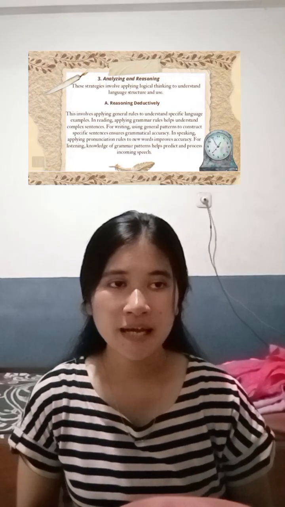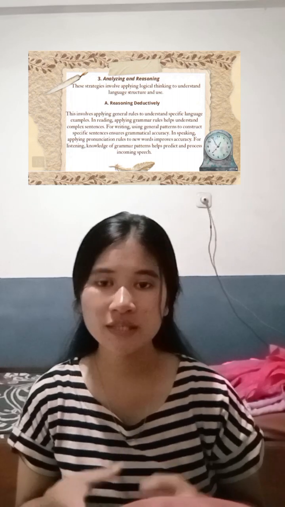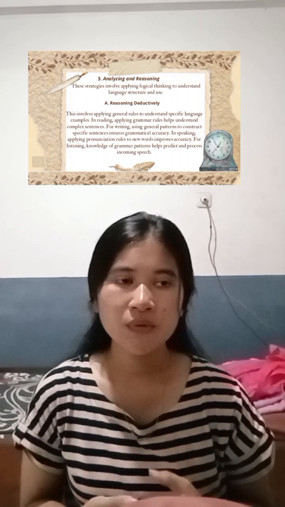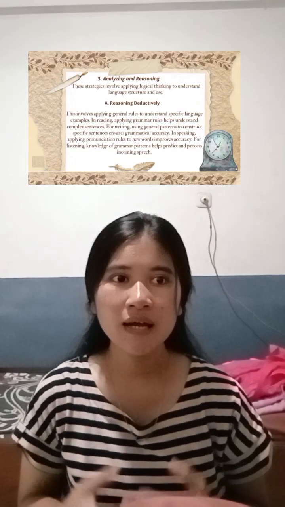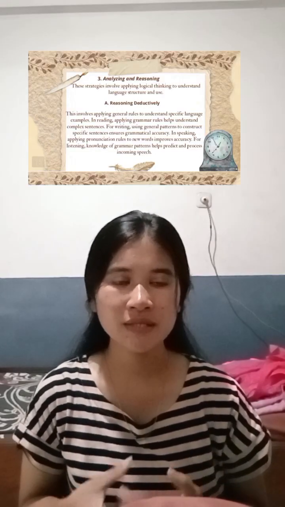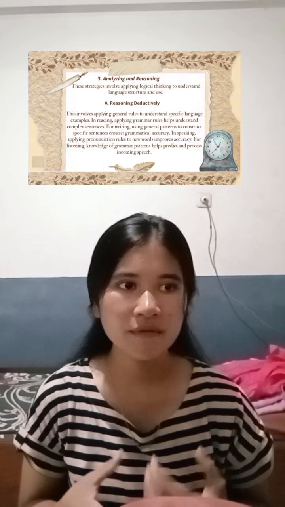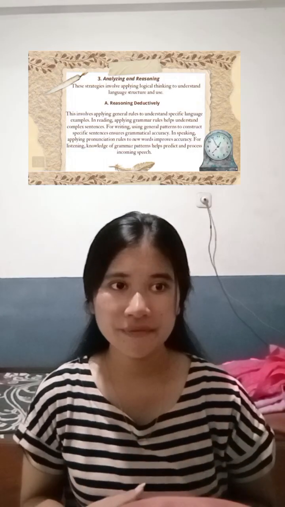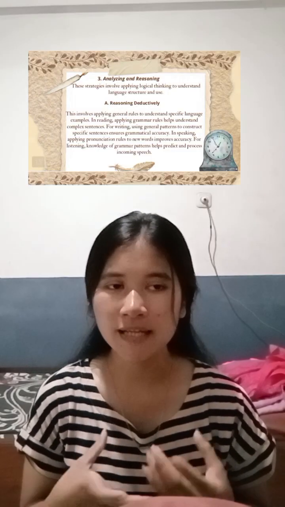Next, analyzing and reasoning. The strategies involve applying logical thinking to understand language structure and use. A. Reasoning deductively. This involves applying general rules to understand specific language examples. In reading, applying grammar rules helps understand complex sentences.